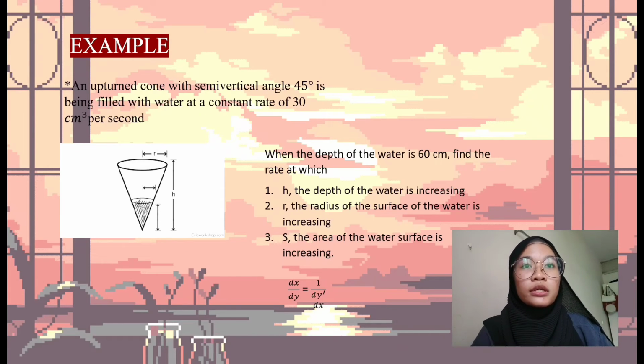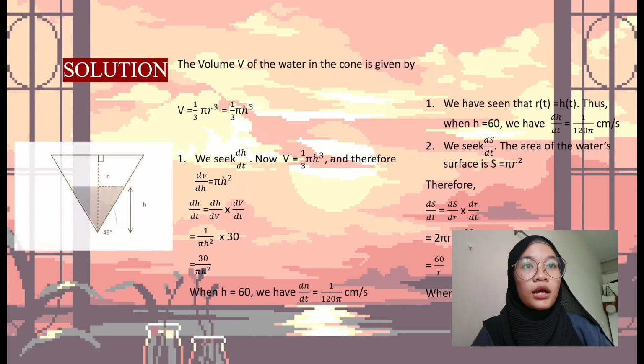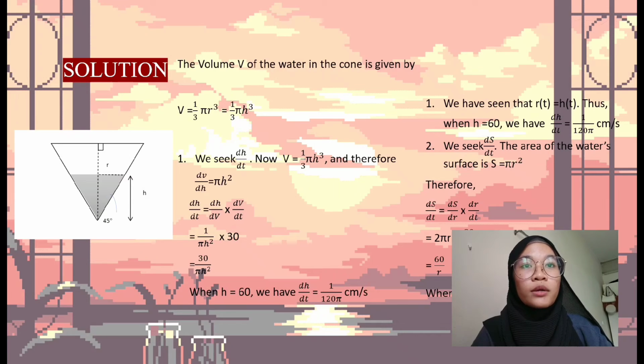The solution here is the volume V of the water in the cone is given by V = 1/3 πr³ = 1/3 πh³. We seek dh/dt.